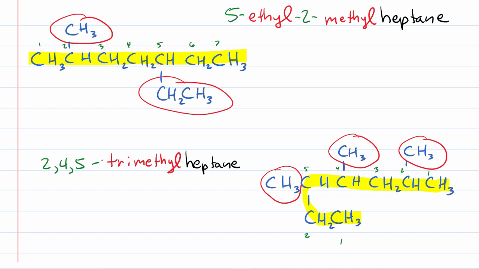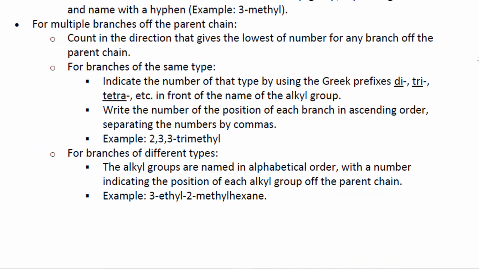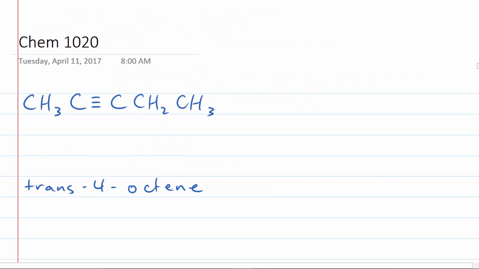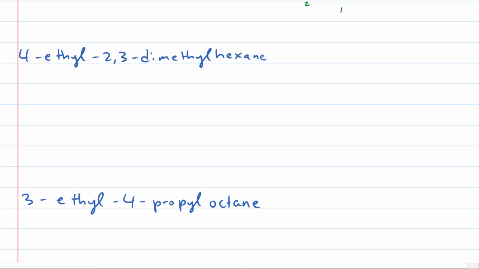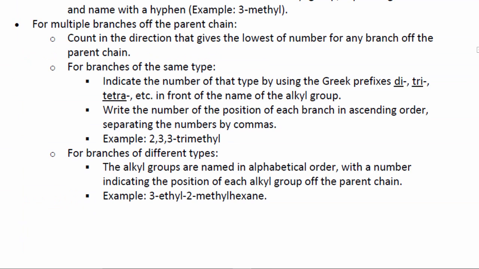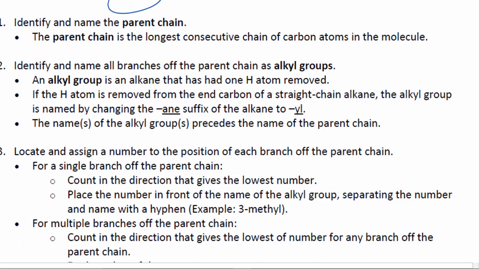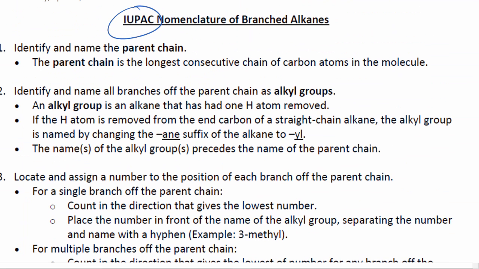Okay, let's go down to the next ones to practice. Oh, they're at the bottom. There we go, sorry. Now these, we are given names, and now that we're given names, we would like to write out a structure for these. The first thing we should do, we're still going to apply the rules in the same order. We always start by looking at what the parent chain is.